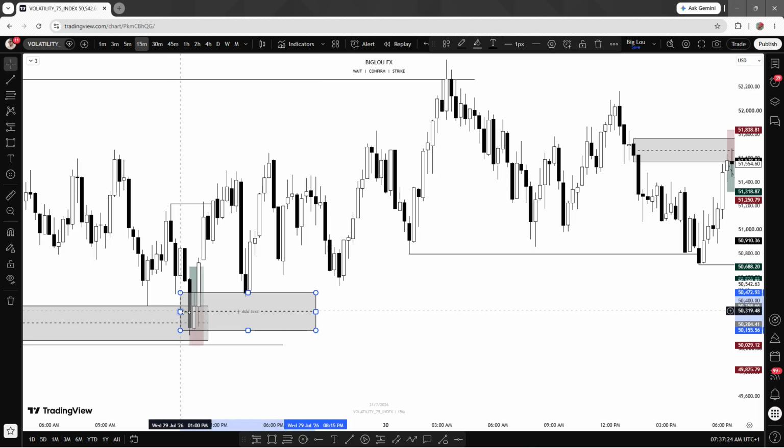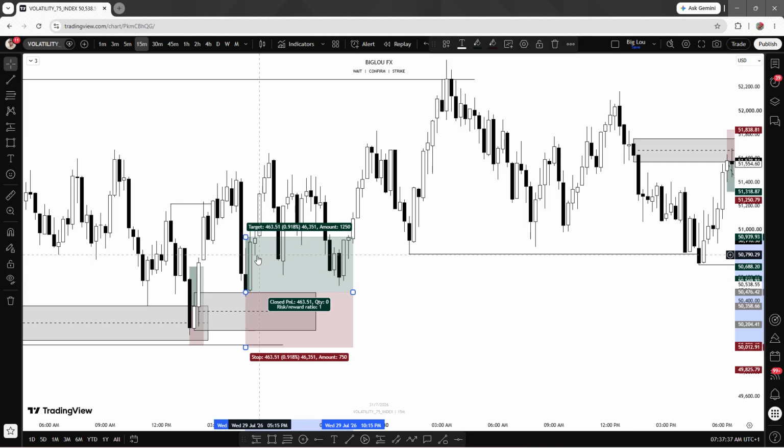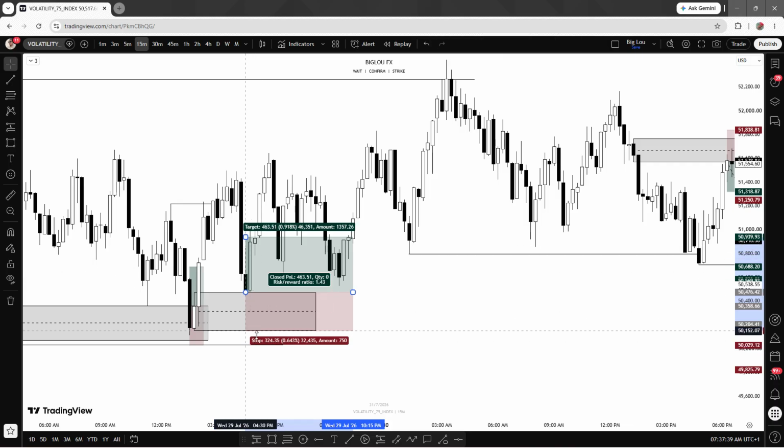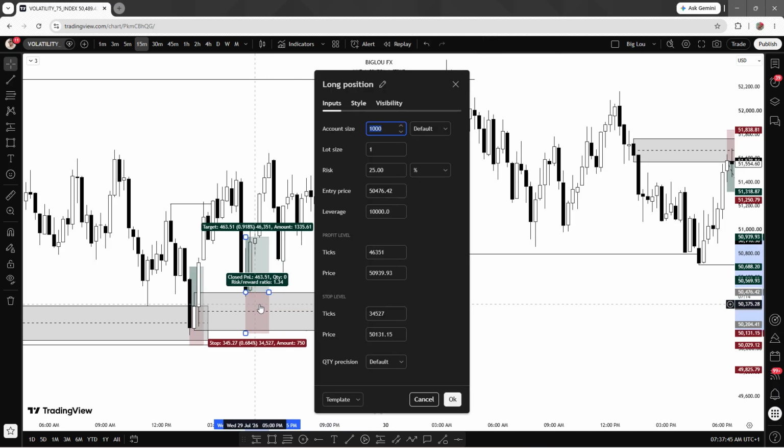These are valid demand zones. What did price do? Price mitigated it, and boom, we got our TP. Continuation trades. We got our TP. Price mitigated it. We got our TP.